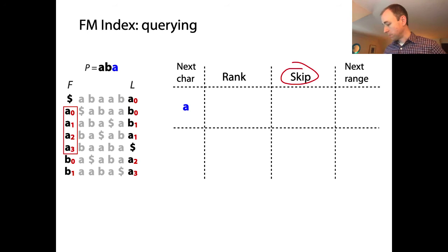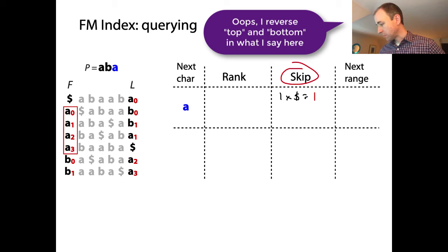So what's the first row of this range? Well, we have to skip the $ sign. So row 1 is going to be the one at the top of the range, and what's the row at the bottom of the range? Well, I have to skip the $ sign, and I have to skip all the A's.